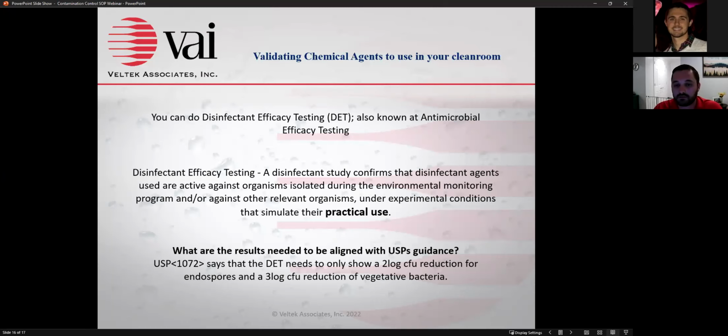So you validate these from a practical standpoint. And again, <1072> just states you need that 2-log reduction for endospores and a 3-log reduction for vegetative bacteria. So that's what they look for with these tests in a clean room environment. But it's something you can look at if you want to validate something else than just rely on the label claims.